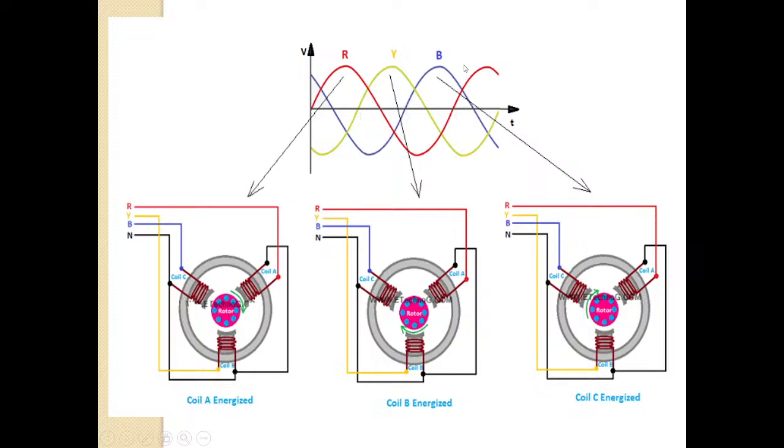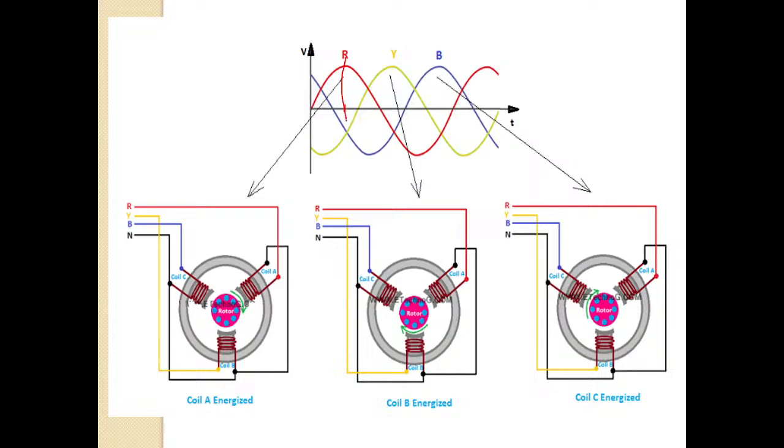So these are the three phases. Now, if you observe, there are three phases R, Y, B. Here, at this instant of time, R is maximum.